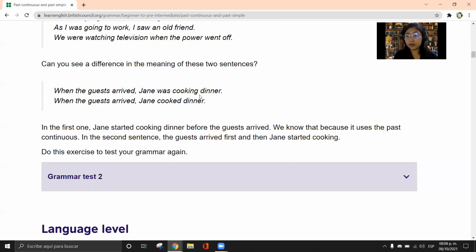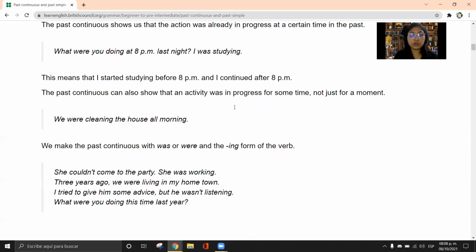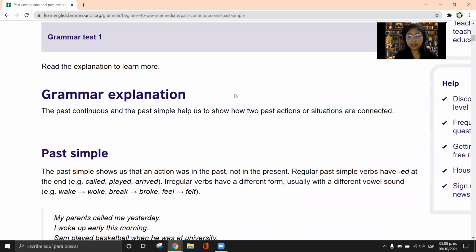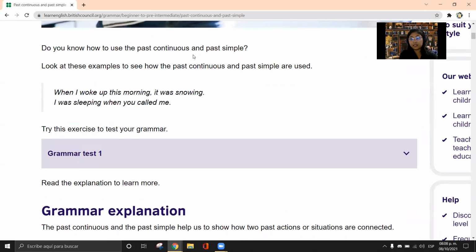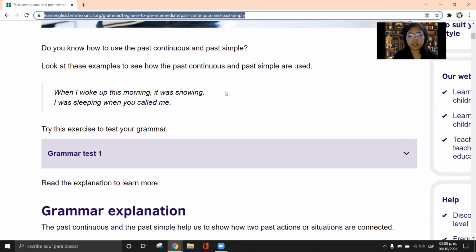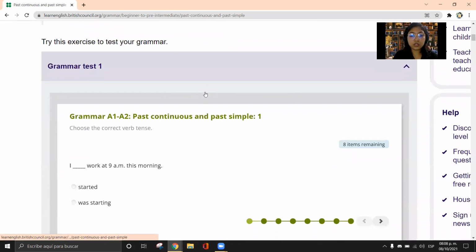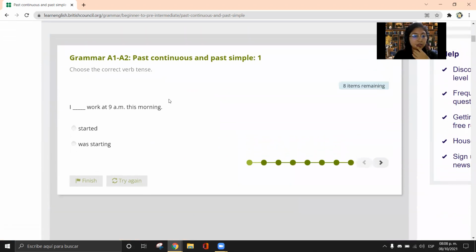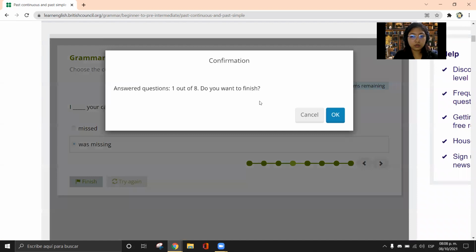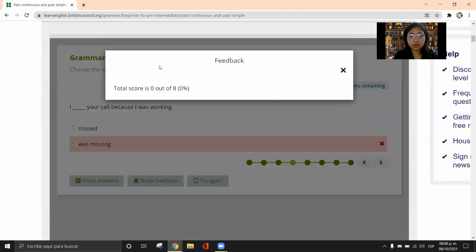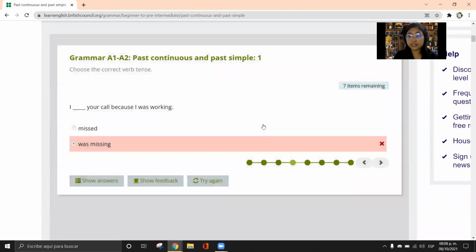Now, as homework for this video, you're going to access this link that I'm going to paste in the message. It's the same as the page we're seeing now. You're going to do the grammar test, right? And when you finish the grammar test, you're going to take a picture of your score and send it as a picture to your teacher, okay?